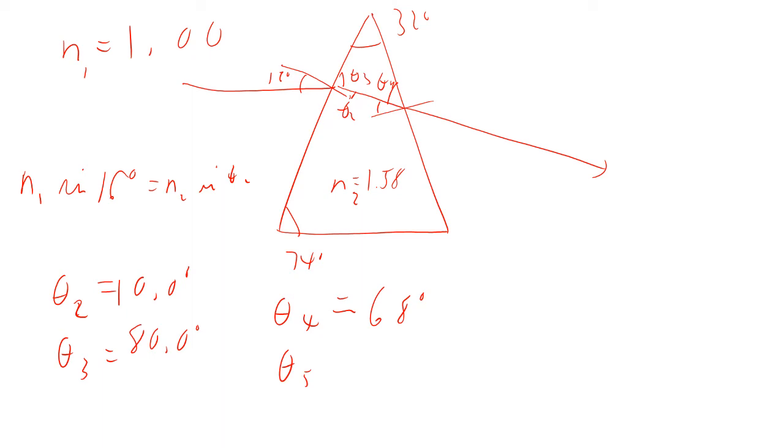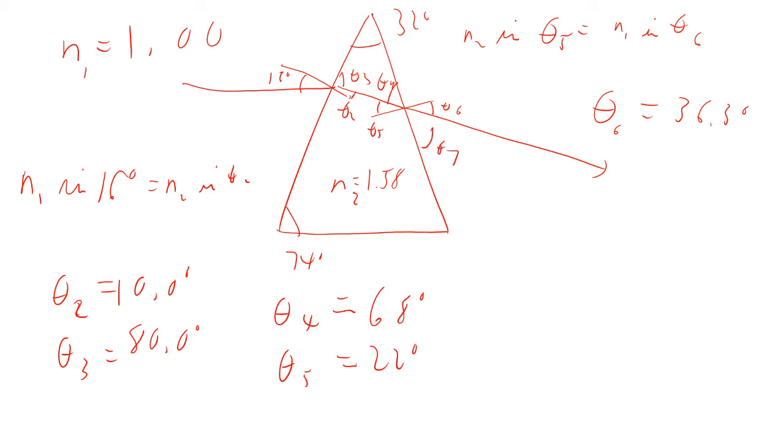Theta 5 is now 22 degrees. Okay, so now theta 6. So again, N2 sine theta 5 equals N1 sine theta 6. So we can solve for theta 6. Theta 6 is now 36.3 degrees.